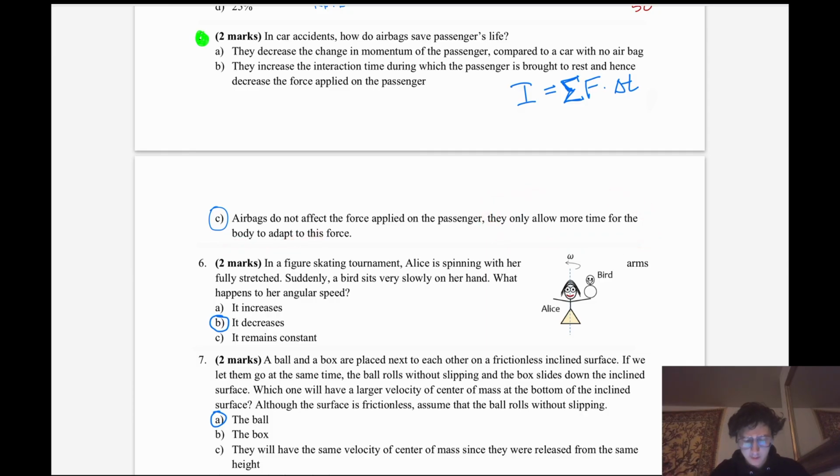So I think this is true because the force that you feel is always going to be the same if it's the same exact car crash. So this is increased interaction time. This also says increased interaction time. So they're very similar, but this one says it decreases the force applied, which I feel like is kind of true, but I don't think it is. I think they're trying to finesse you. And then here they say airbags do not affect the force. They only allow for more time. So I think this is it.